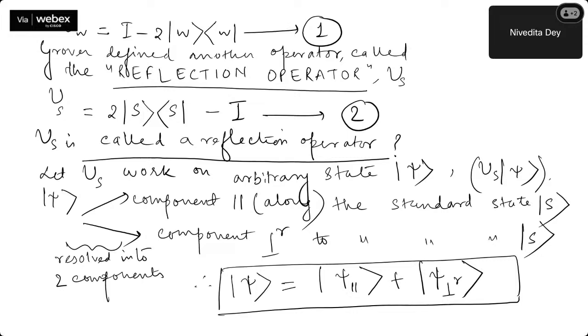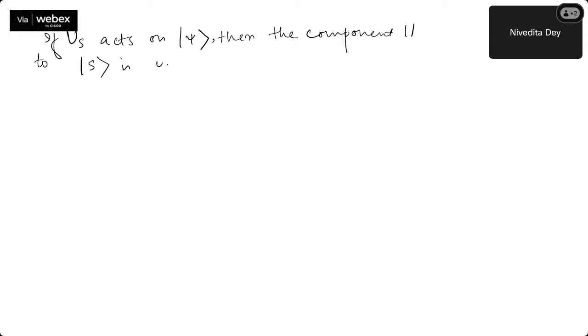So just remember what we are aiming for. We are aiming for the reflection operator. It's one of the operators for Grover, but the entire Grover operator has not come yet. Now, what we say is, if this US acts on psi, then the component which is parallel to S is unchanged.